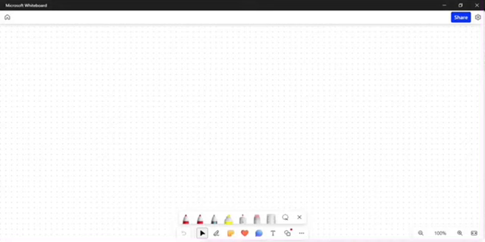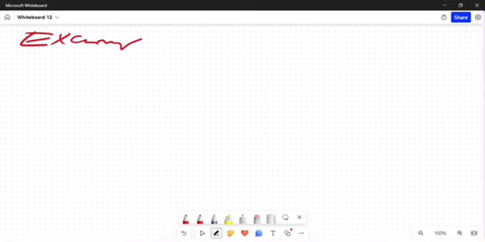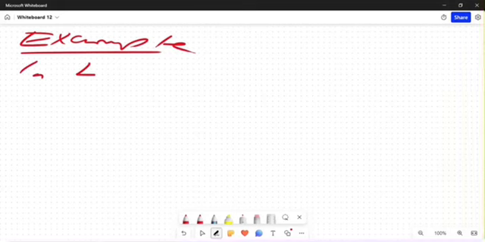Another example. This one is in capital L2, L2(0, 2π).